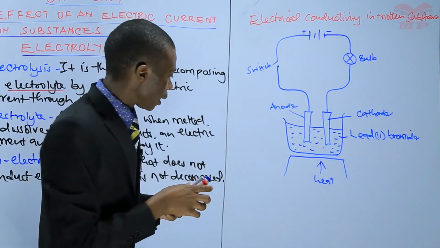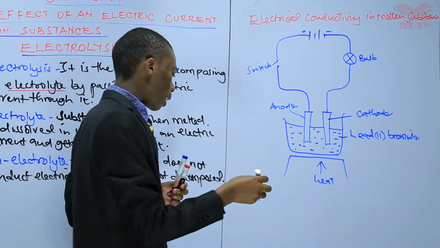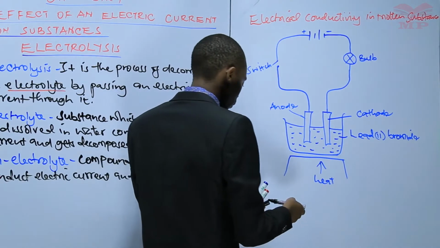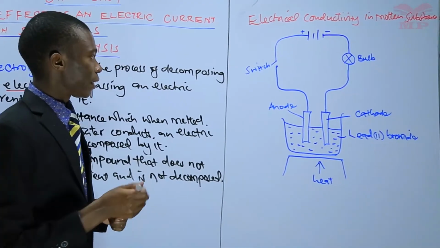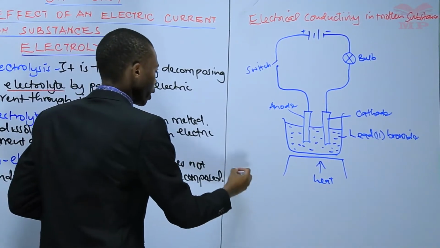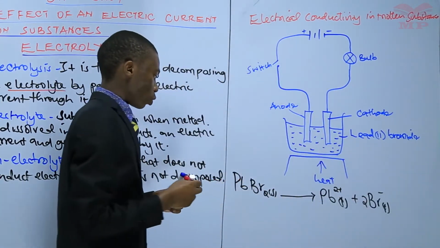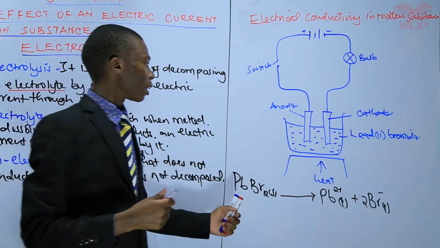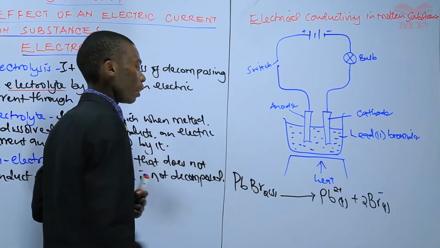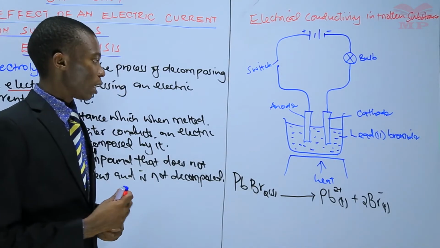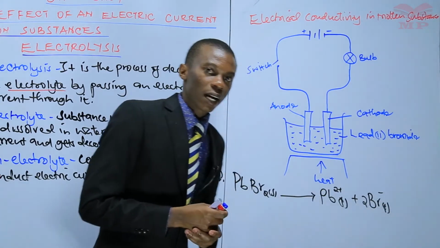We said the equation for what happens when lead(II) bromide is heated. Lead(II) bromide, which is a solid, when heated, the heat weakens the forces of attraction holding the ions together, to give lead ions and bromide ions.